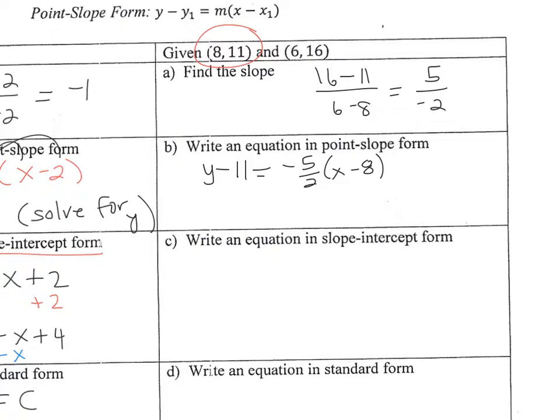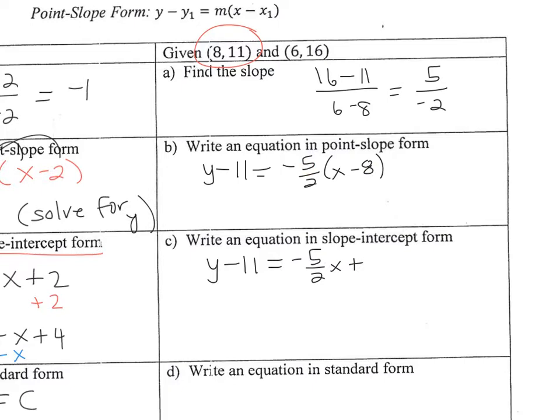So part C, when I write it in slope-intercept form, I need to do the distributive property, and then I need to clear fractions. So I'm going to have y minus 11 equals negative 5/2 times x, which is negative 5/2 x. Negative 5/2 times negative 8 is going to be a positive.